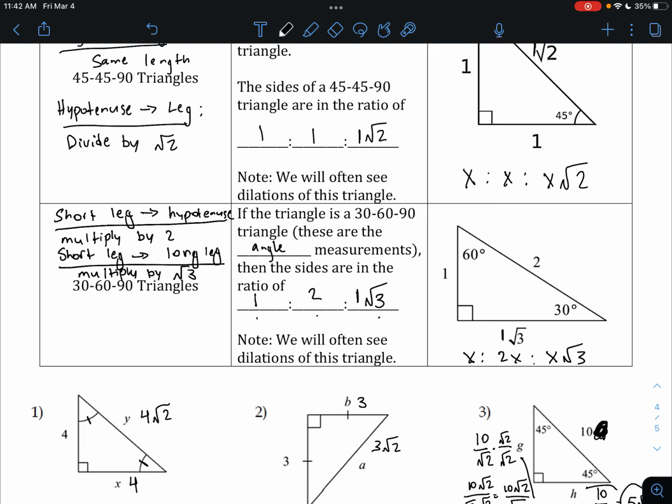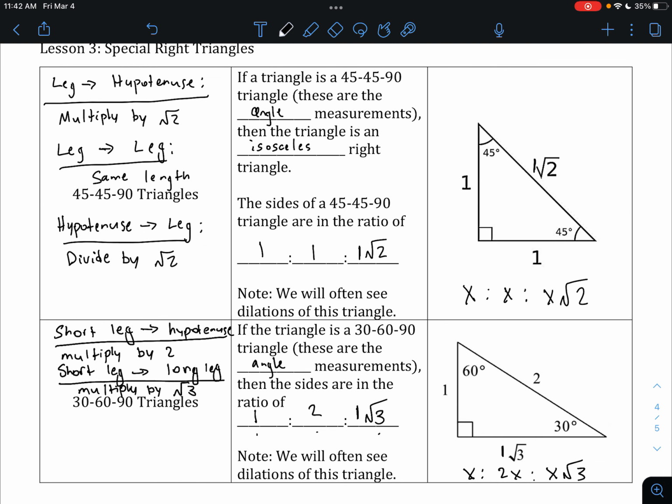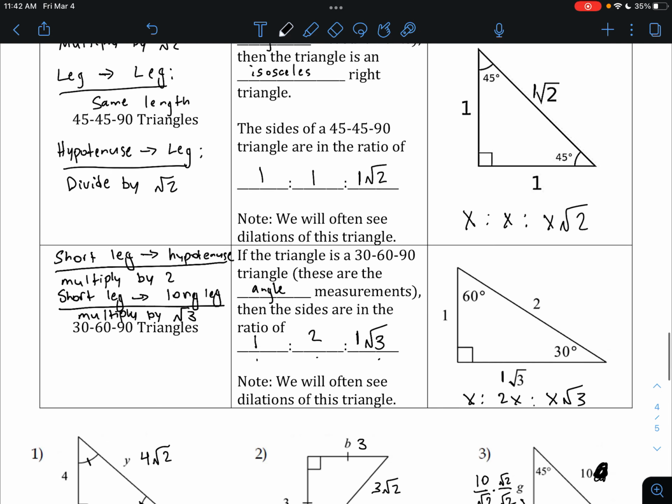But what if we don't know our short leg? If I'm given my hypotenuse or I'm given my long leg, I can actually go backwards and divide instead. Just like I went from short leg to hypotenuse by multiplying, going from hypotenuse to short leg I divide by that same number. I can do the same thing here.